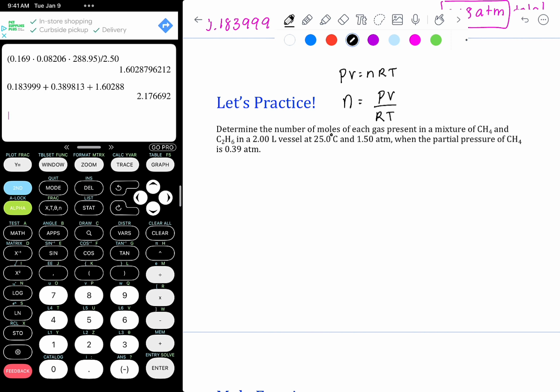So we need to have the individual partial pressures for each component. We're given the total pressure, and we're given the partial pressure of CH4, but what we don't know is the partial pressure of C2H6.